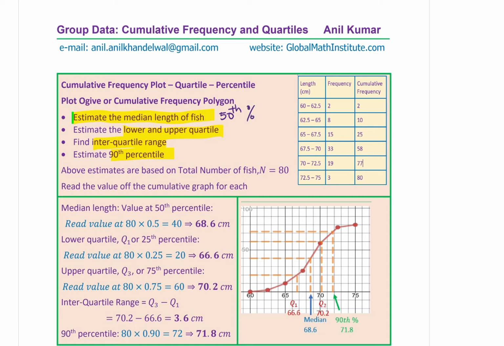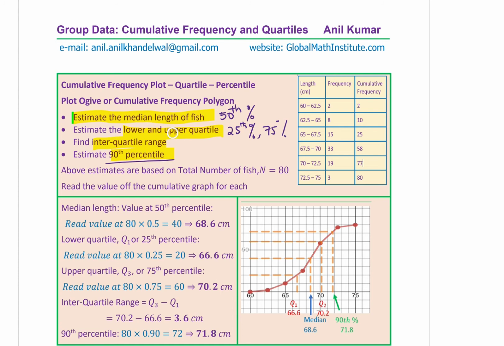When we say lower quartile and upper quartile, we are talking about the 25th percentile and the 75th percentile. You get the idea, right? While calculating the median and the lower and upper quartiles, you will also understand how we calculate a percentile, so you'll be in a position to find the 90th percentile.